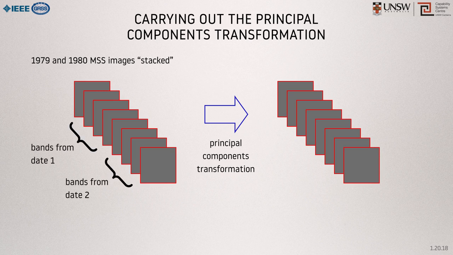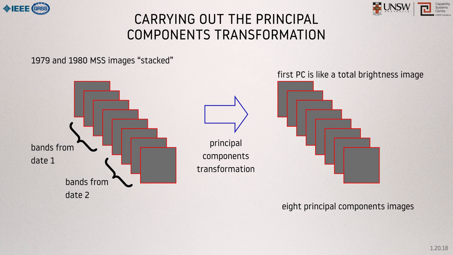So we are dealing with an 8-dimensional multi-temporal image, and from which we compute 8 principal components. When we look at the results in detail, we will see that the first PC looks like a weighted sum of all the 8 original bands, and is thus often referred to, not quite correctly, as a total brightness image.